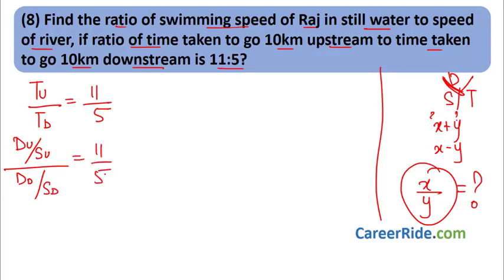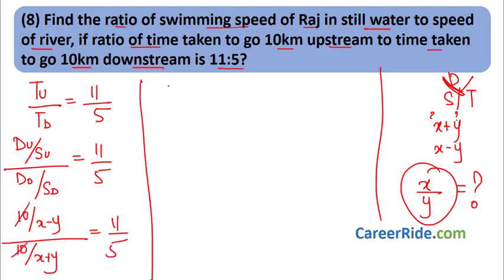Have they given the distance over here? Yes, they have given 10 kilometers upstream, 10 kilometers downstream. So we'll have 10 upon x minus y, the upstream speed, and 10 upon x plus y, the downstream speed, that would be 11/5. 10 gets cancelled.